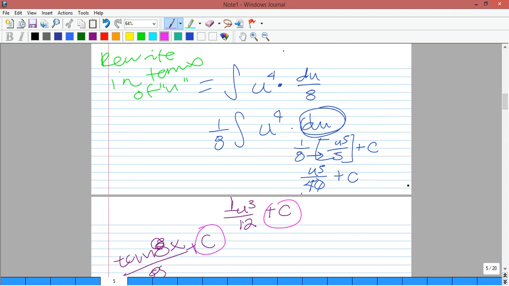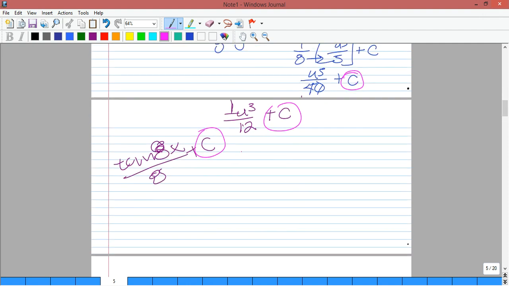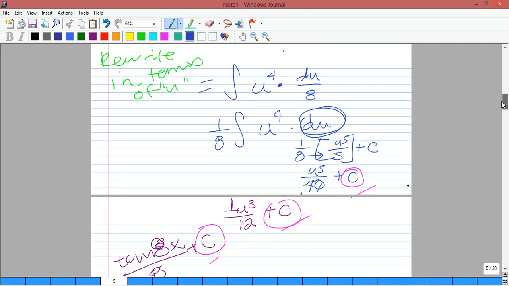So as you can see, we now have 3 plus c symbols. All we need to do is write just one, okay? Actually, what I didn't do is rewrite in terms of x for this last one. Let me go ahead and do that.